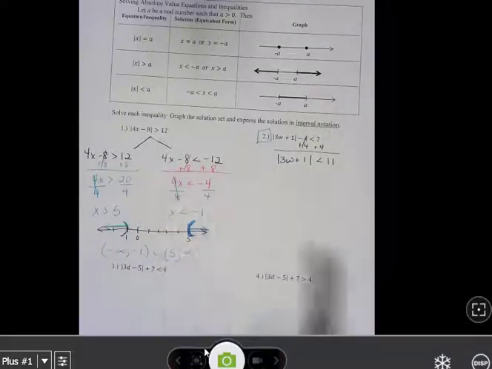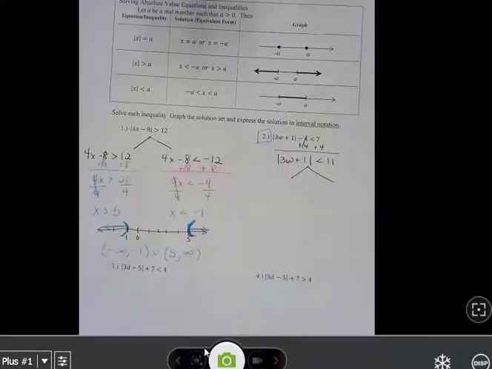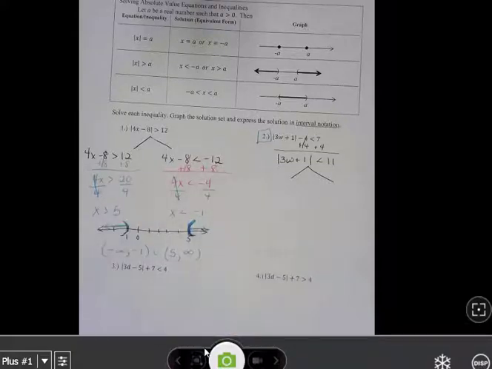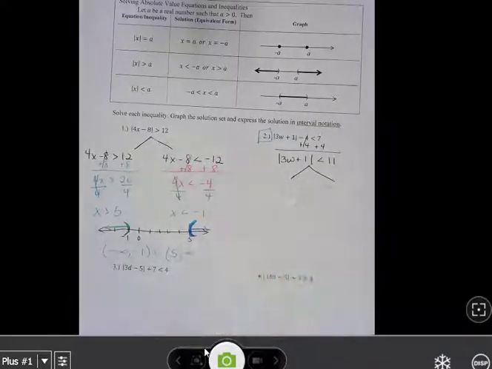Once you have it isolated, you'll make your derived inequalities and deal with them in the same way you did here. Again, I'm going to ask you to pause the video and finish number 2.